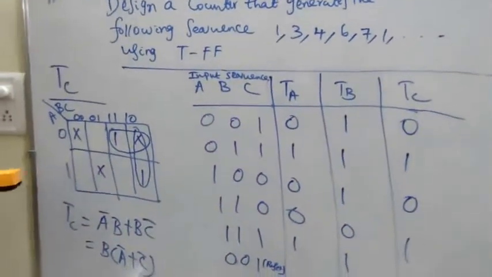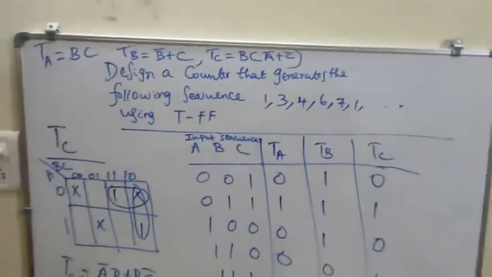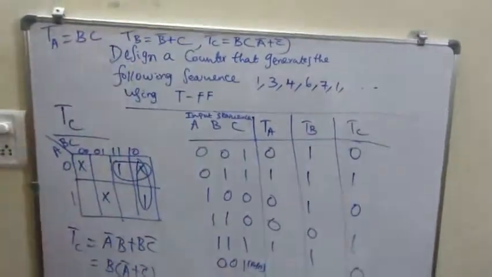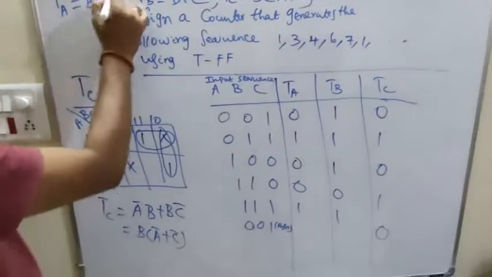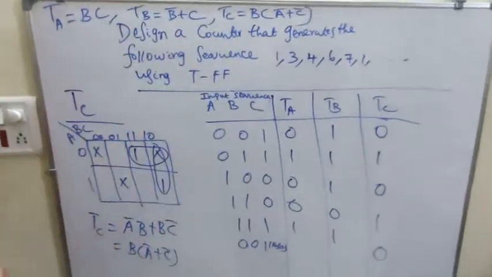Okay. Now we need to design the counter. These are the expressions that we have found out for TA, TB and TC.